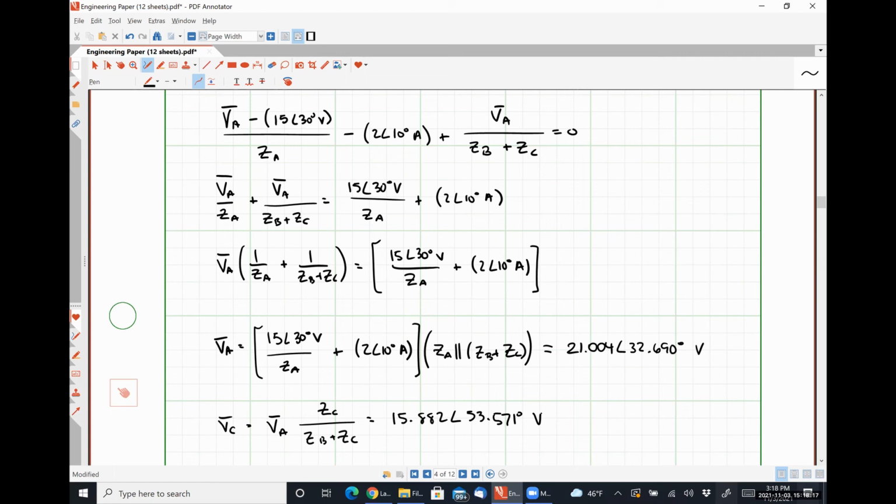Nodal and mesh can be used on your homeworks because you obviously have computers to work on them with. But for the smaller circuits, I would try to practice working them by hand. And when I give you the old exams to work from, which I'll post if somebody sends me an email tonight to remind me, all of those problems are intended to be worked using your good old $20 calculator. So those will be good practice.